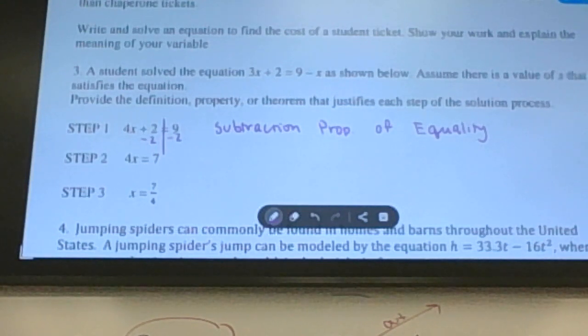So from step 1 to step 2, 9 turned into 7, the 2 disappeared. So 2 is subtracted from both sides of the equal line. Subtraction property of equality. And then the opposite of multiplying by 4 is dividing by 4. So that's the division property of equality. That's the answer. What about step 3?